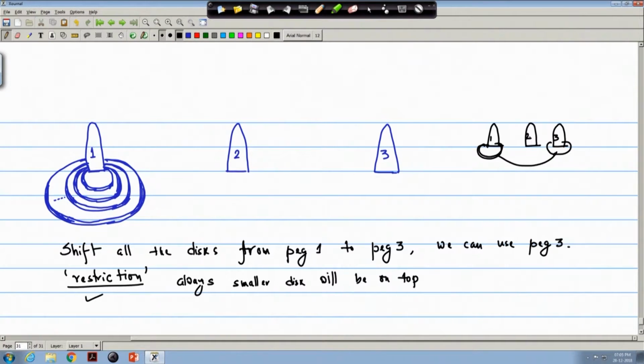So, I need only one move. So, the number of moves is 1.